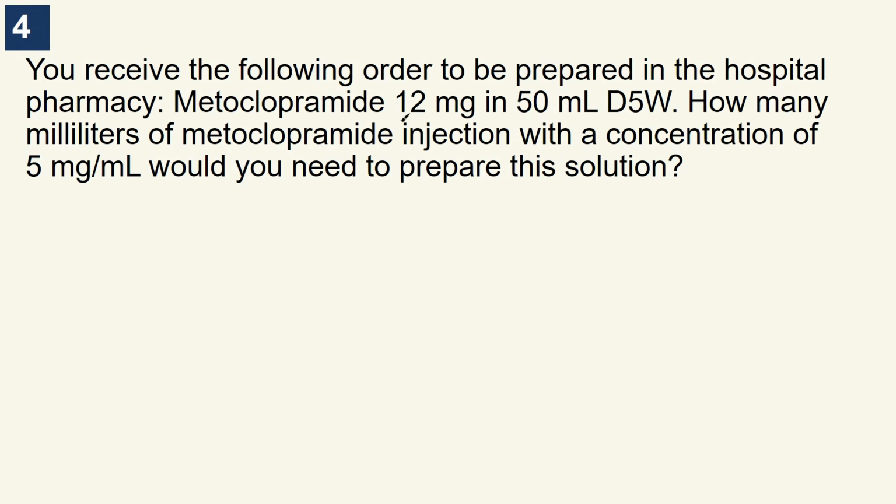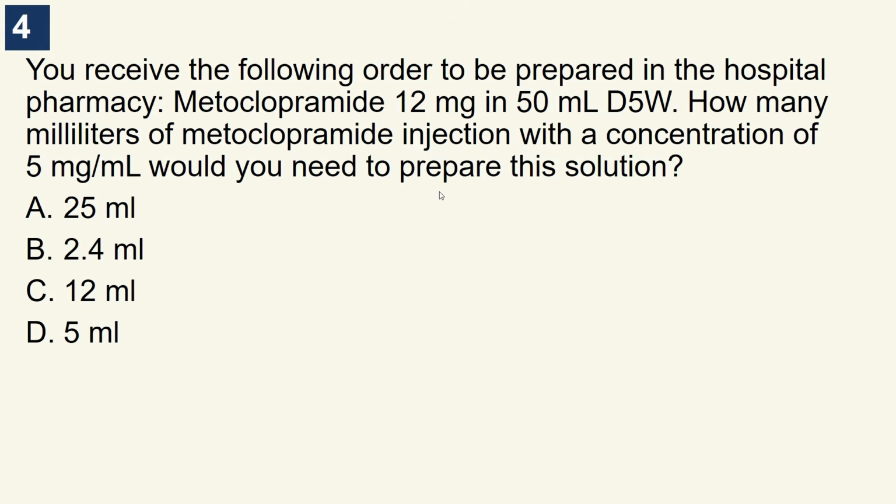Basically you need 12 milligrams and the injection is 5 milligrams per mL. To get 12 milligrams, how many mL of this are required? That's a simple question. The options are: A, 25 mL; B, 2.4 mL; C, 12 mL; and D, 5 mL. Pause the video, calculate and find your answer.